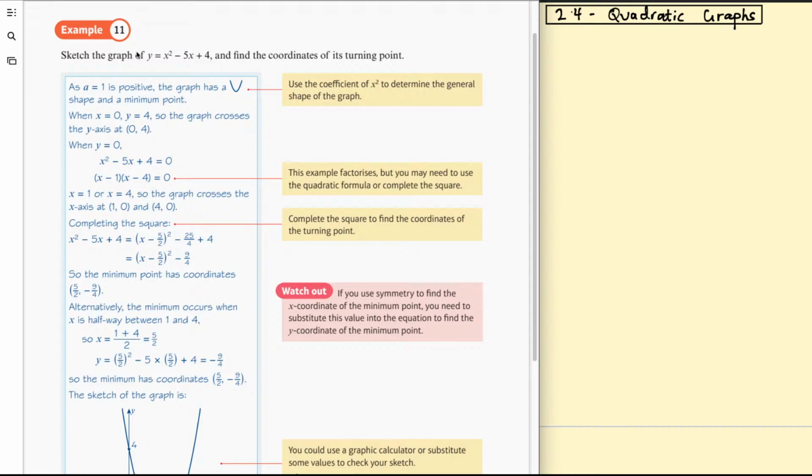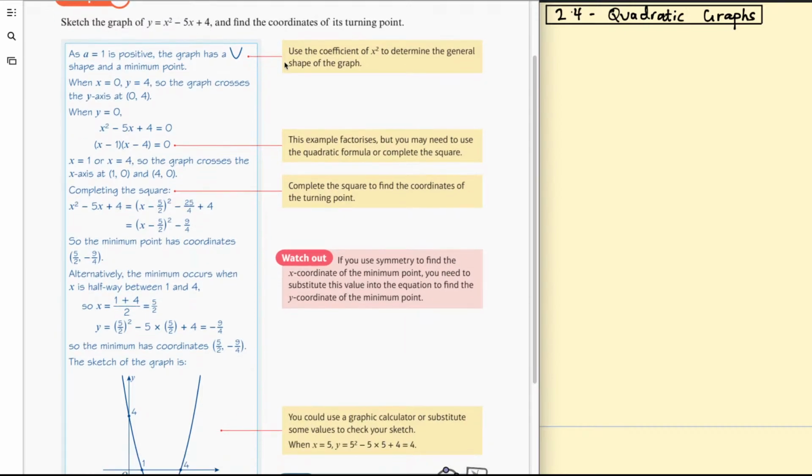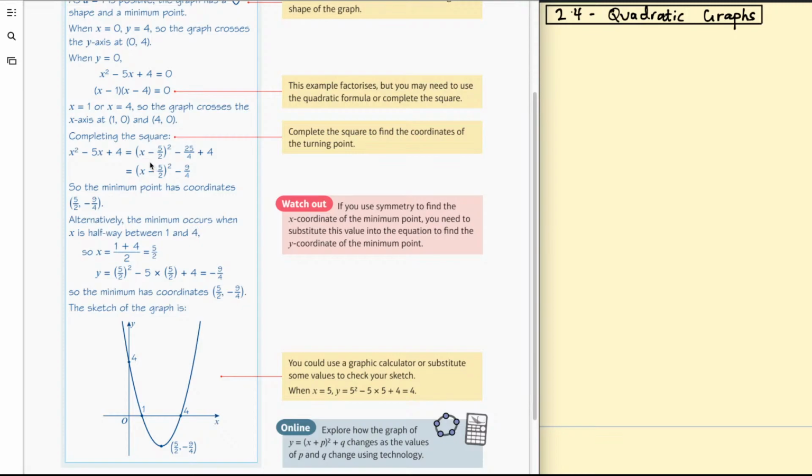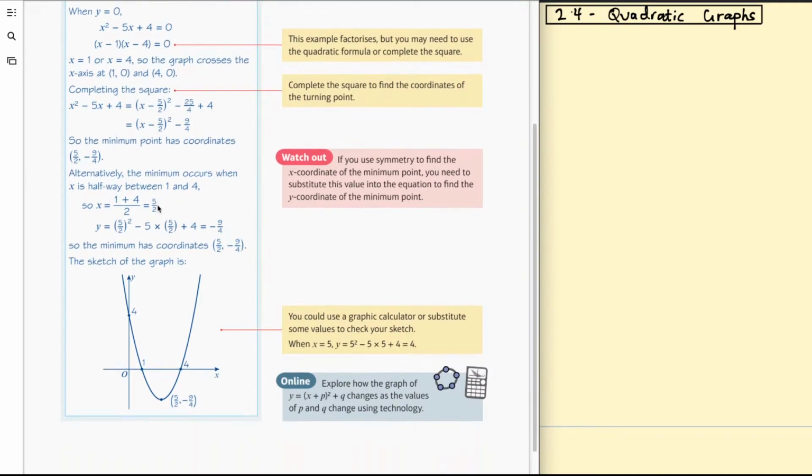some examples here. Sketch the graph of y equals x squared take 5x plus 4 and find the coordinates of its turning point. Well, firstly we know what it should look like. Find the y-intercept and the x-intercepts, or the roots, and then the vertex.